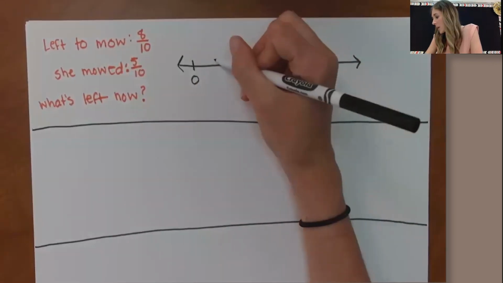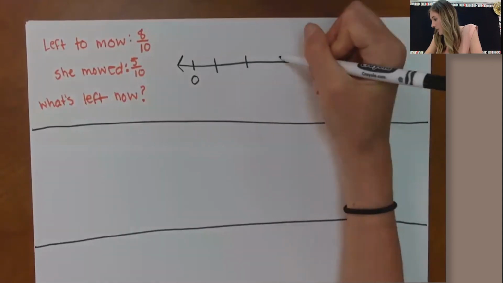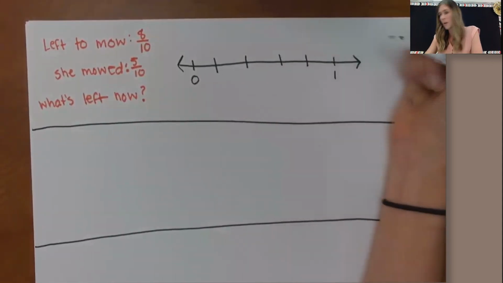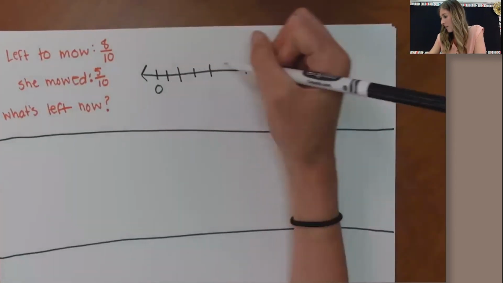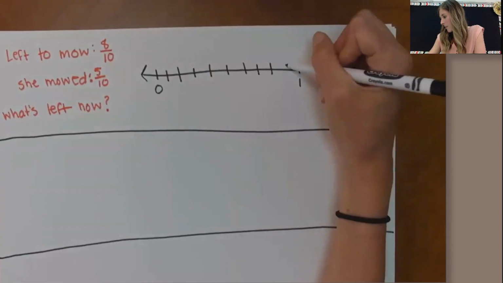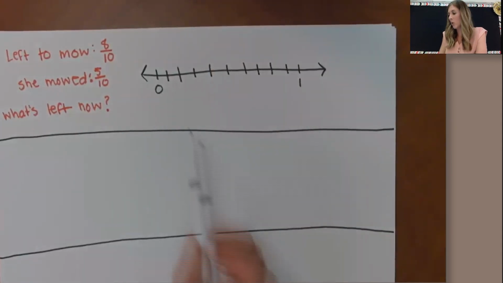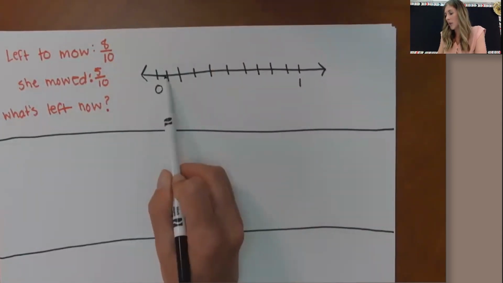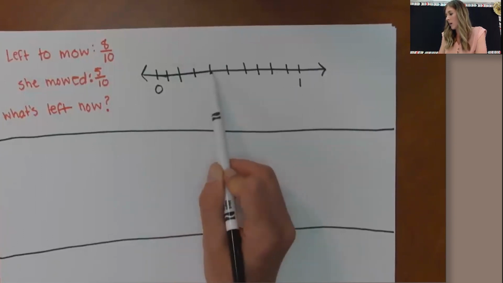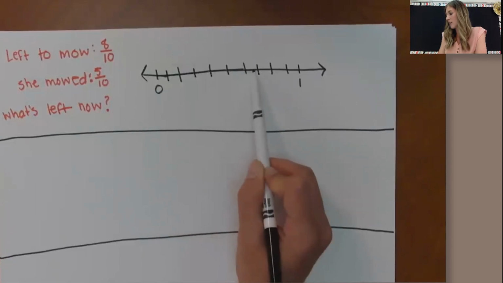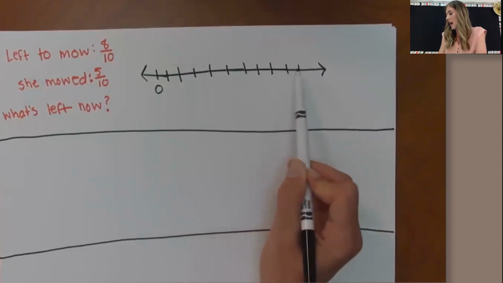So again, I'm going to start with dividing my number line up into fifths. And then I'm going to go back and split those in half so that I should have 10 equal pieces. Let's check it and see. You check yours. 1, 2, 3, 4, 5, 6, 7, 8, 9, 10.